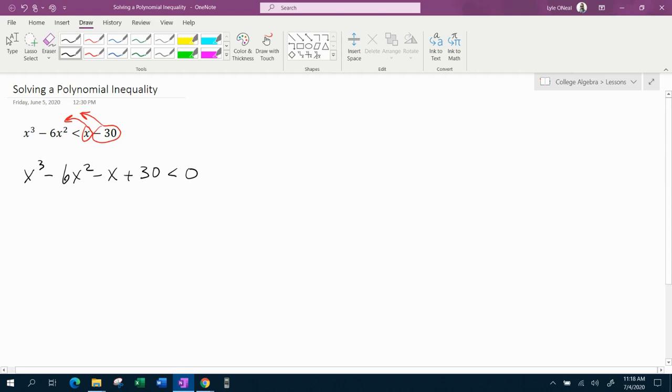Now if we take a look at factor by grouping, in the first two terms, I can take out an x squared, and that'll leave me x minus 6. But in the second two terms, the best I can do is maybe take out a negative 1, and that's going to leave me x minus 30. And you can see that x minus 6 and x minus 30 are not the same.